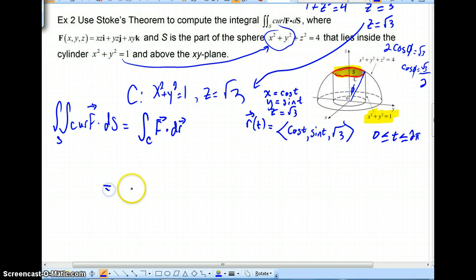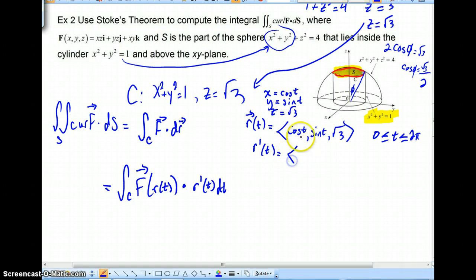Now, some review. To do this line integral, we're going to, of course, say F of r of t dot producted with r prime of t dt. As we work this out, r prime of t, just taking a derivative with respect to t, we'd get negative sine of t, cosine of t for our y component. The derivative of radical 3 with respect to t is 0. Well, what about F?